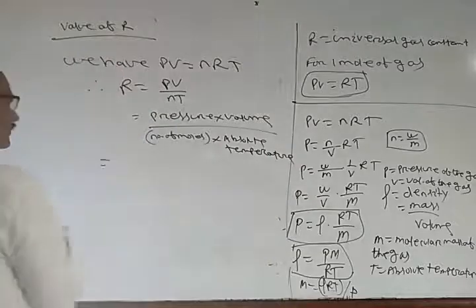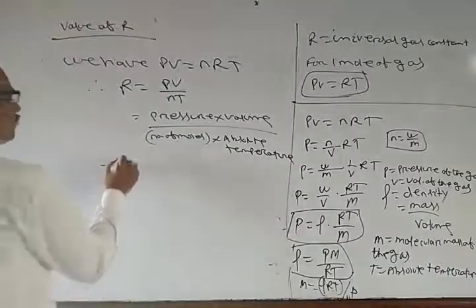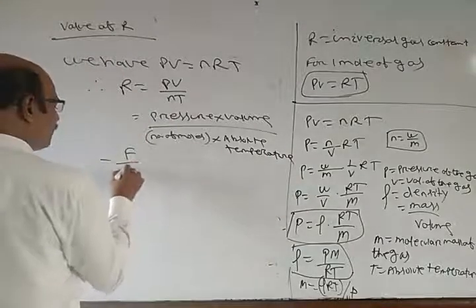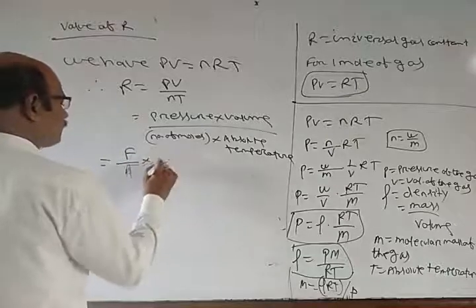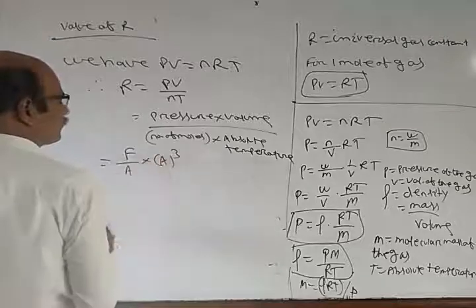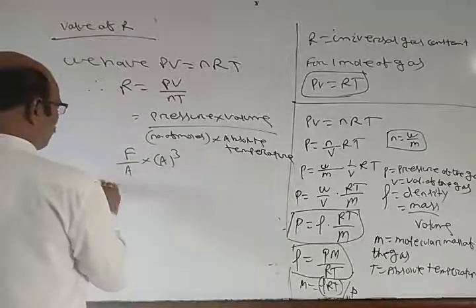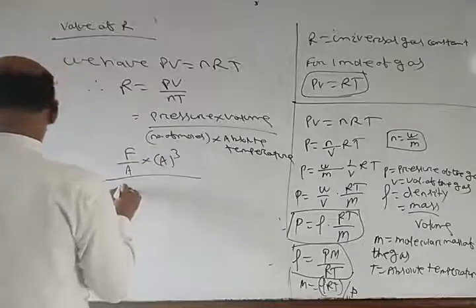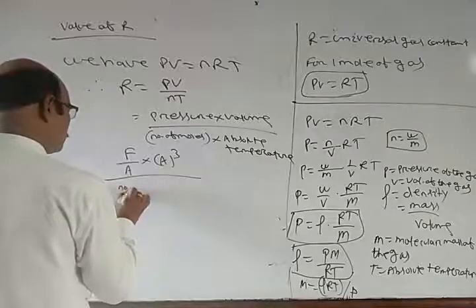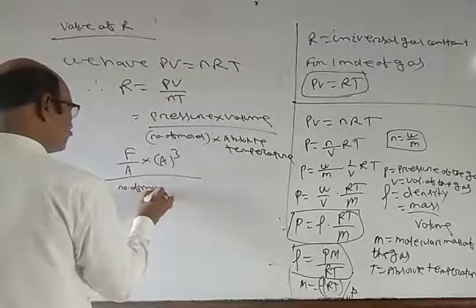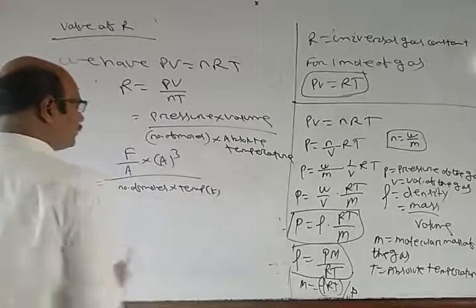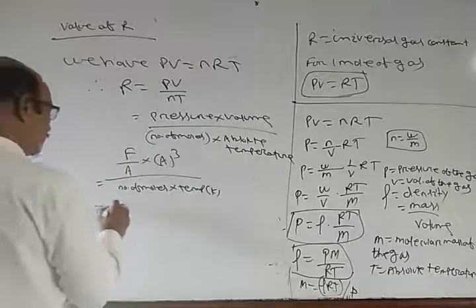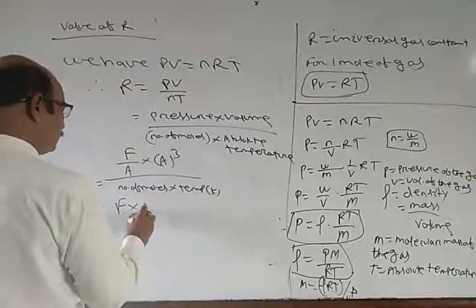So this I can write: P, the pressure, is force per unit area, F by A, into volume, what? A cube, divided by number of moles into temperature in Kelvin, is equal to force F into A square.